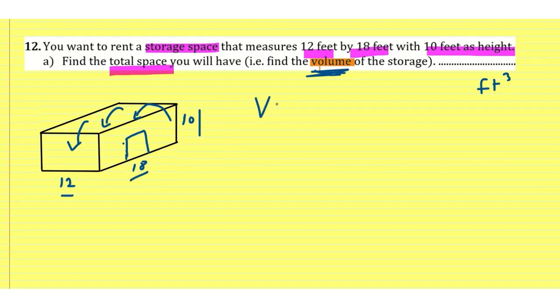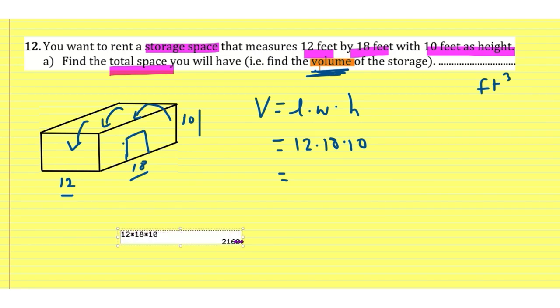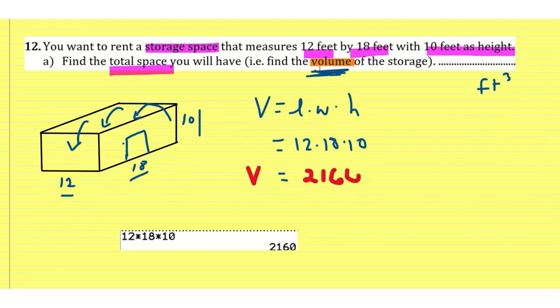So the volume is equal to length times width times height, which is 12 by 18 by 10. When we crunch all that out, the volume of our storage space is going to be 2,160 cubic feet.